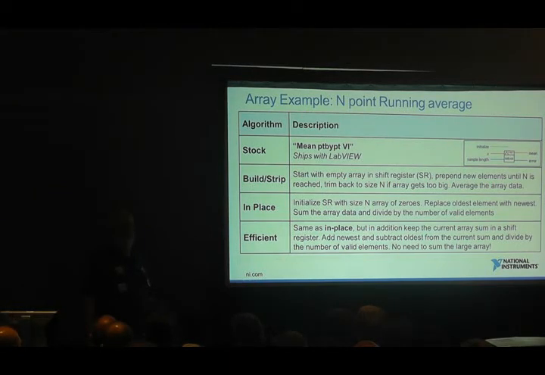We've done some benchmarking. It's possible that LabVIEW just remembers the start index and leaves them in place, or something the compiler does. But the mean point by point actually rotates, and we can look at the benchmark.